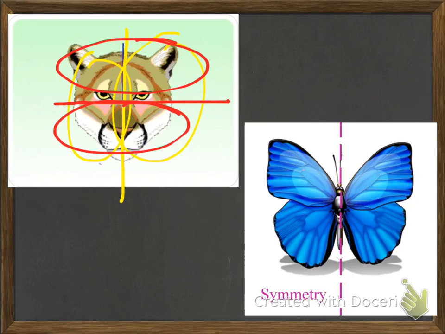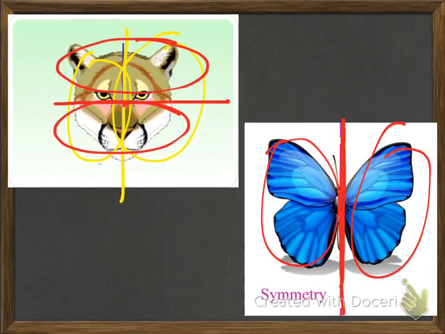So in this case, this mountain lion only has one line of symmetry. Same thing with the butterfly. We can only cut it down this way, because this side is the same as this side. But if I were to cut across a different way, it is not exactly the same. They don't have the same shape on both sides. So this, again, only has one line of symmetry.